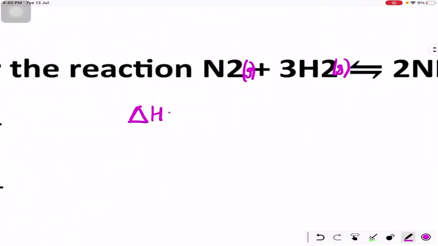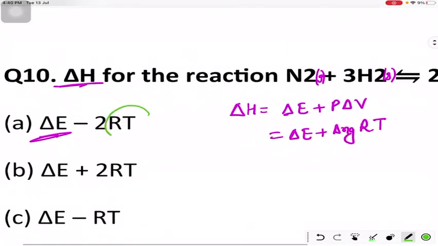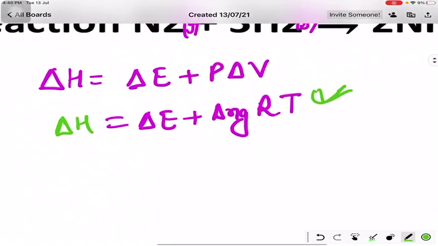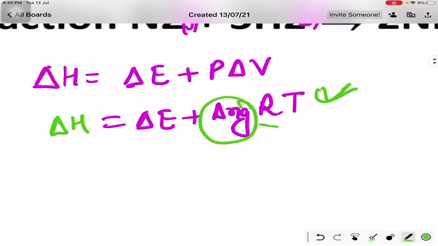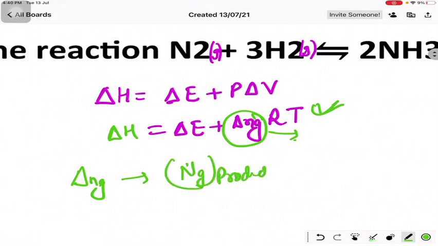Delta H is equal to delta E plus P delta V, or delta E plus delta Ng RT, by using the ideal gas equation. As our options contain RT, we have to use the second equation for this. And from here we have to find the value of delta Ng. Delta Ng is the number of gaseous components of products minus the number of gaseous components of reactants.